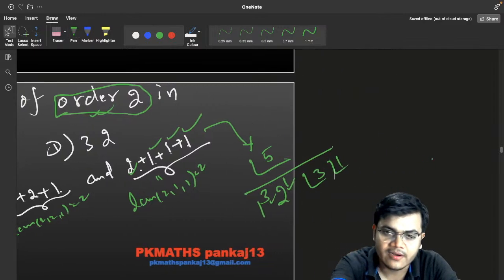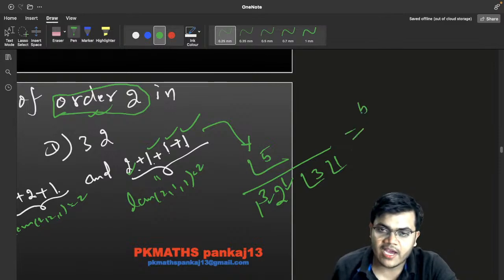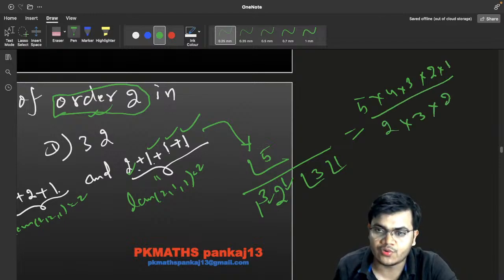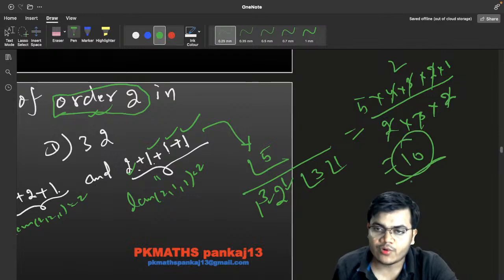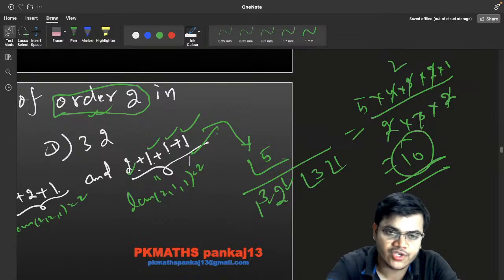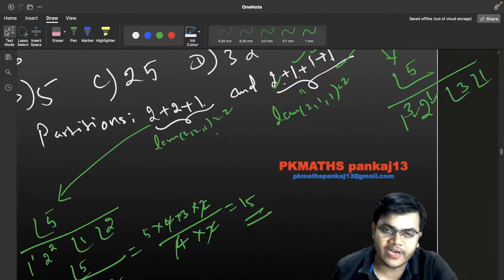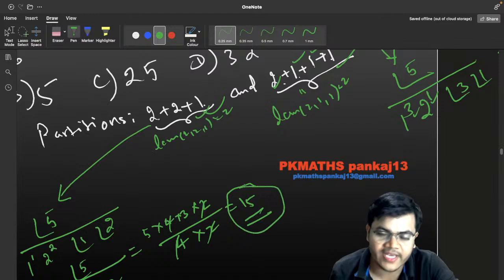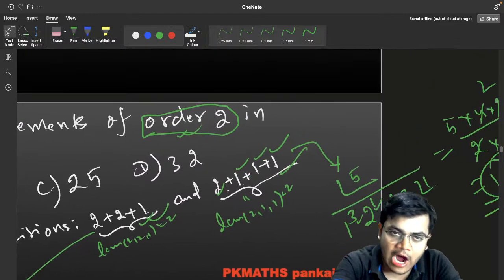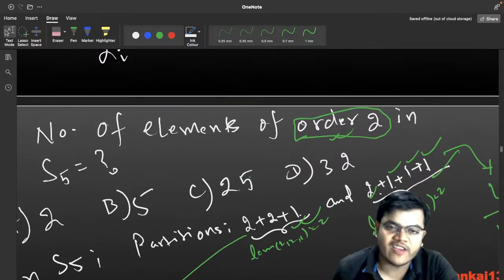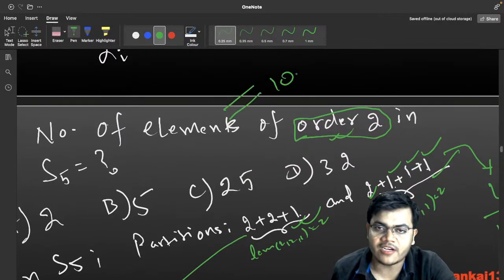Certainly you will say 5 into 4 into 3 into 2 into 1 over 5 into 3 into 2... it will become 3 into 2 cancelled, and 2 twos are 4. So finally it's 10. So 10 elements of order 2 from this partition, and 15 elements of order 2 from the other partition. Overall, how many elements of order 2 in S5 will there be? Undoubtedly 10 plus 15 equals 25.